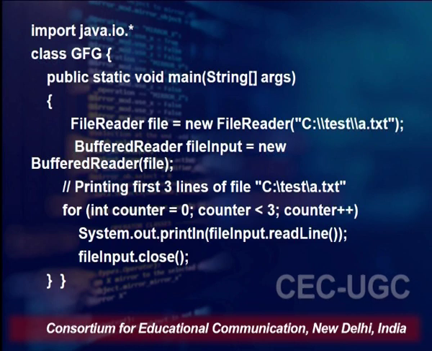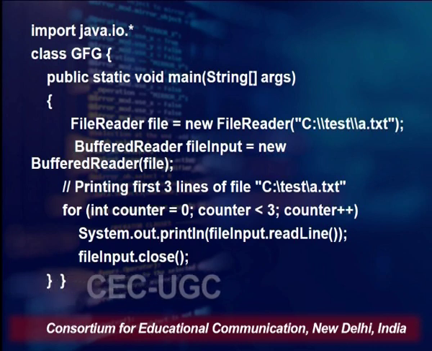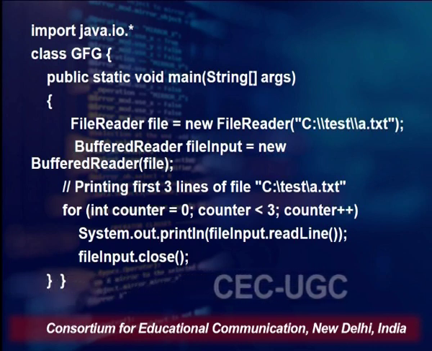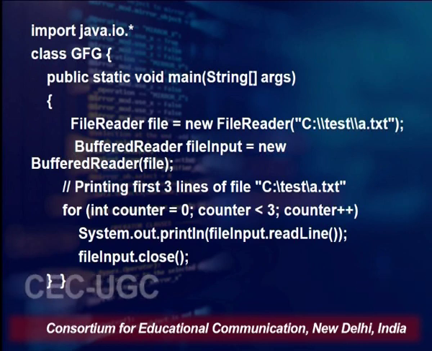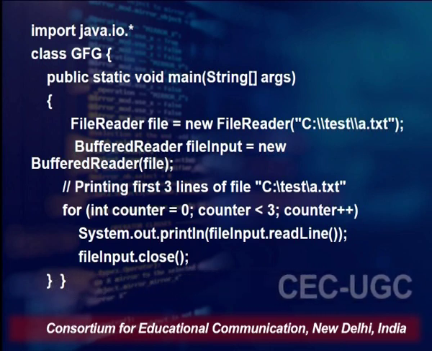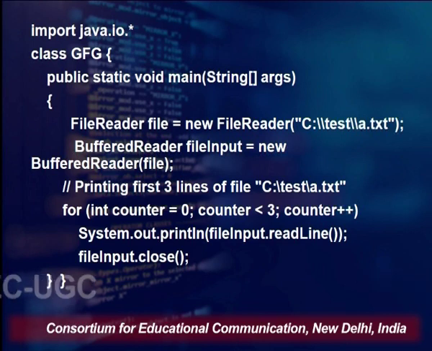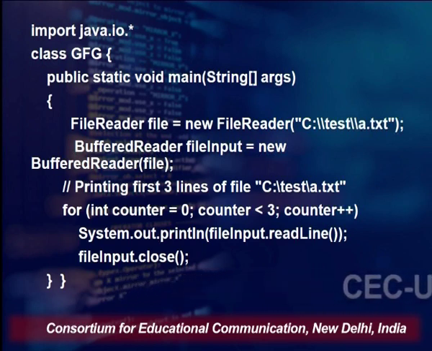The path here is C drive, within it a test folder, and within the test folder a file named a.txt. The agenda of this program is to read the first 3 lines of a.txt and print them.